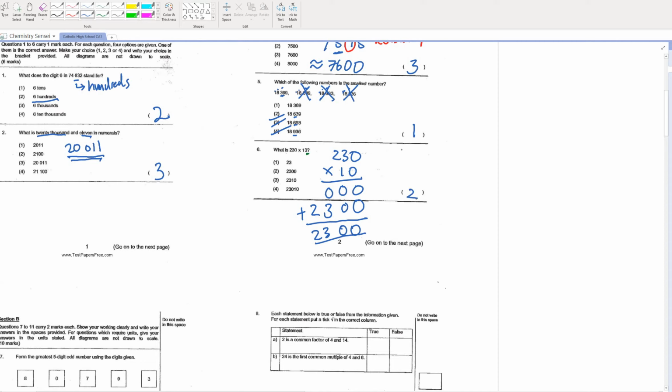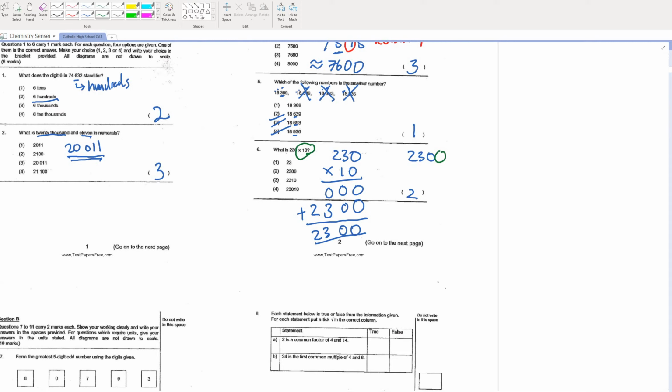Okay, one fast way to do this question is by simply adding a 0 behind the number 230. Whenever you multiply by 10, one quick way is to add a 0 behind the number.